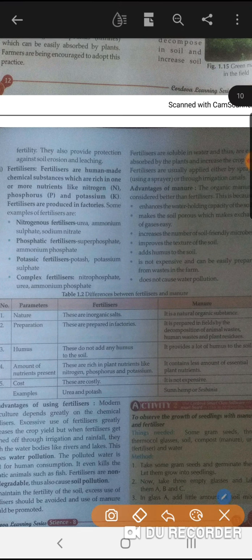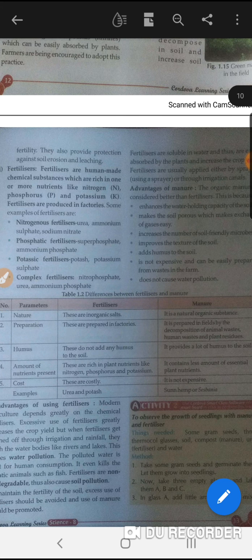Amount of nutrients: fertilizers are rich in nutrients like nitrogen, phosphorus and potassium. Manures have less amount of nutrients. Fine. Manure is eco-friendly, but it contains less amount of nutrients.